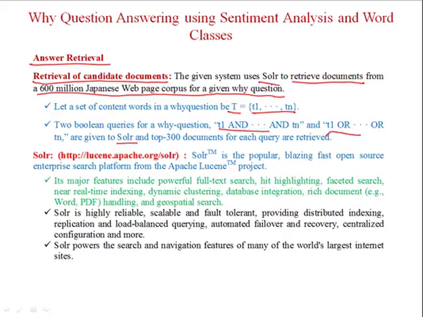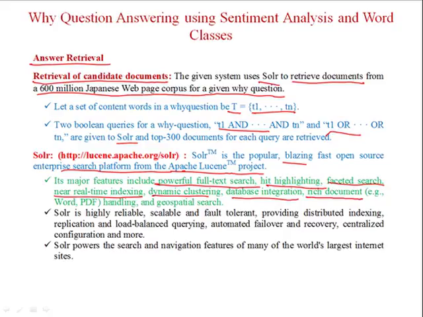Actually, Solr is a popular open source enterprise search platform from the Apache Lucene project. Its major features include powerful full text search, hit highlighting, faceted search, near real-time indexing, dynamic clustering, database integration, rich document (PDF) handling, and geospatial search.